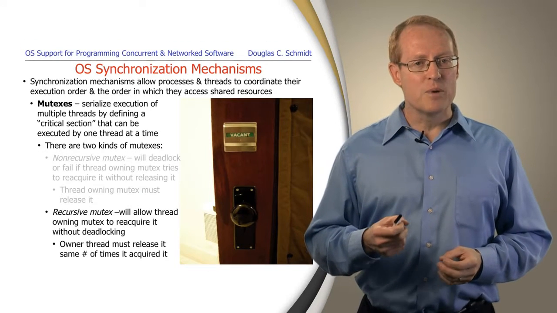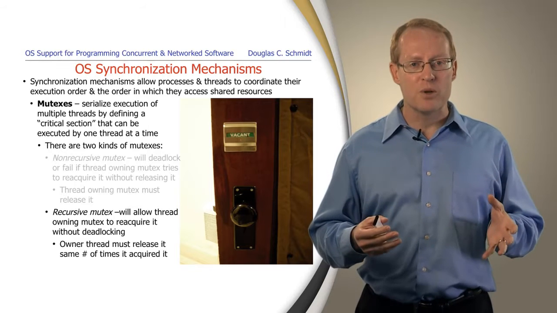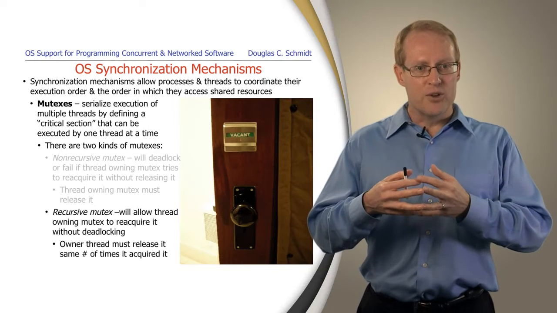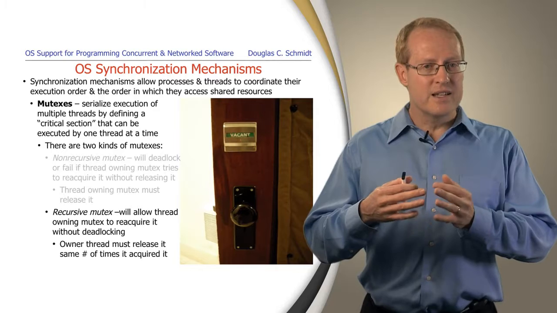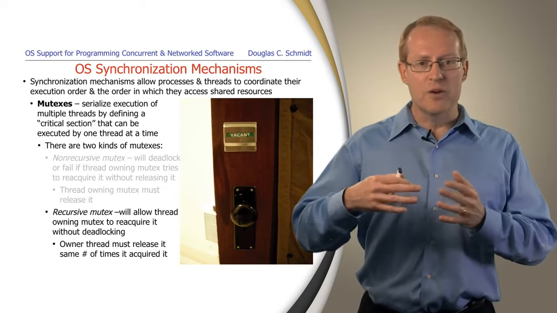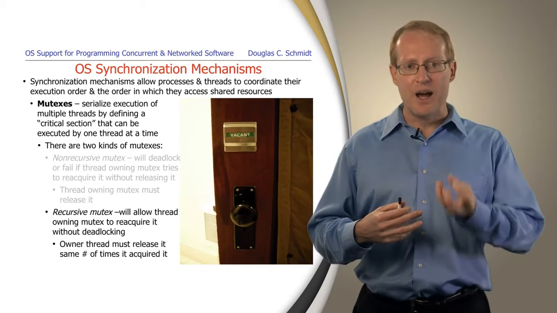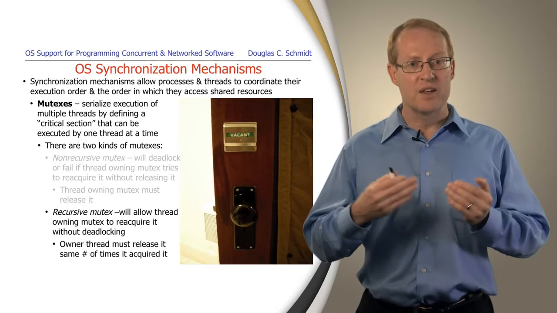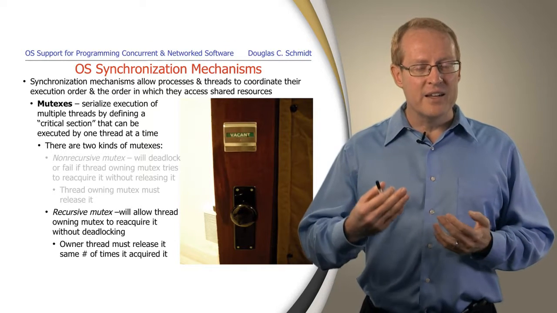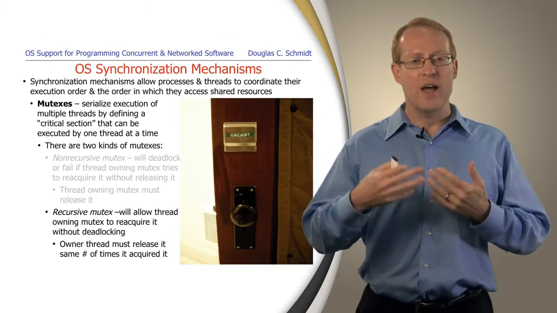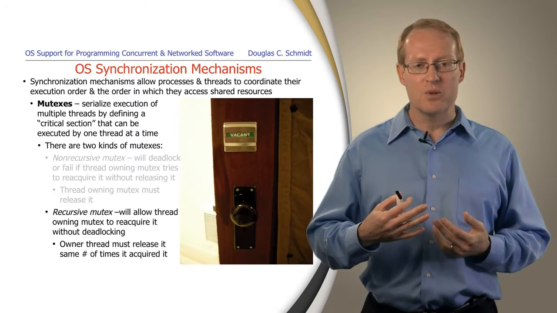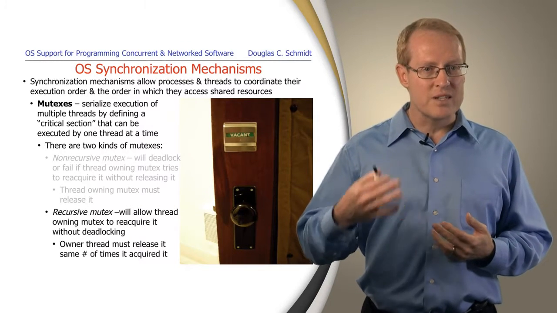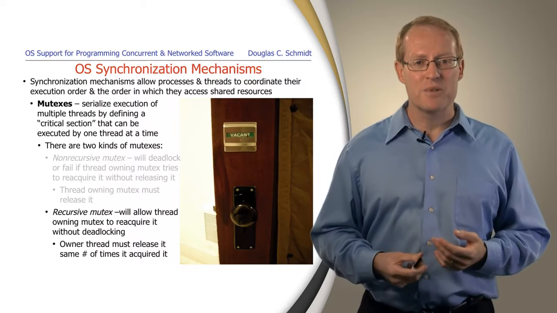The other kind of mutex is called a recursive mutex. In this model, a thread that owns the lock is able to reacquire it. All that really happens under the scenes is that a counter is bumped up that keeps track of the nesting level. At the end, when a thread is done, it can call release on the mutex, and it needs to make sure it releases it the same number of times that it acquired it.